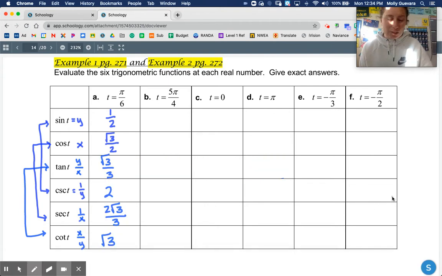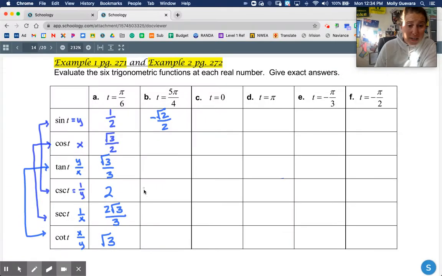Okay, so now we're going to do the same thing with 5 pi over 4. 5 pi over 4 is located down here in quadrant 3, right? There it is right there. We're going to fill out all 6 of my trig functions. The sine is the y value, so the y value at 5 pi over 4 is negative root 2 over 2.